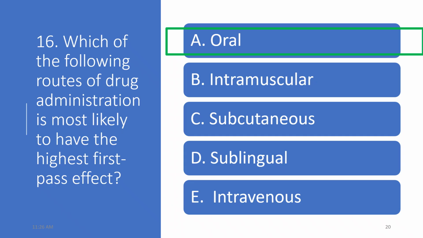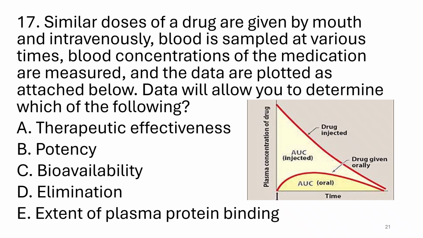While traveling through all this, a lot of the drug is metabolized. So that's the highest first pass metabolism, and the lowest amount of drug reaches the systemic circulation. Whereas with intramuscular, subcutaneous, sublingual, and intravenous, the majority of the drug enters the systemic circulation, bypassing the liver, with less first pass effect compared to the oral route.